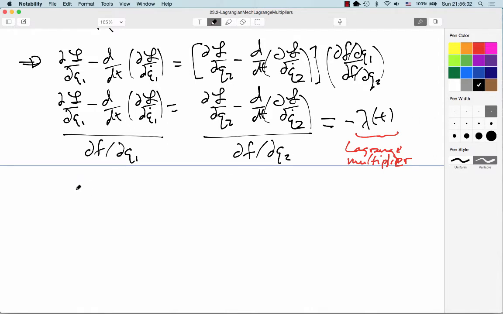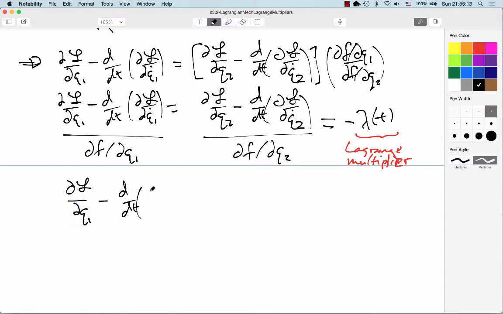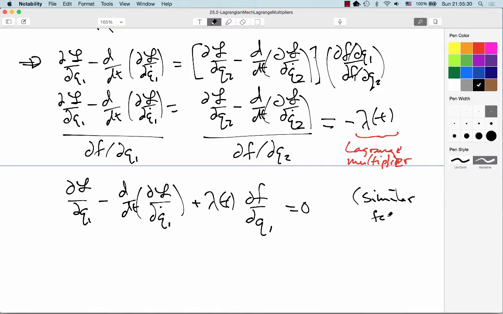For instance, I can rewrite this one here as partial L partial q1 minus d dt of partial L partial q1 dot plus, that's why I did it that way, lambda of t partial f partial q1 equals 0, and similar for q2. All right. So that's how you would do it if you had two coordinates connected by one equation of constraint.